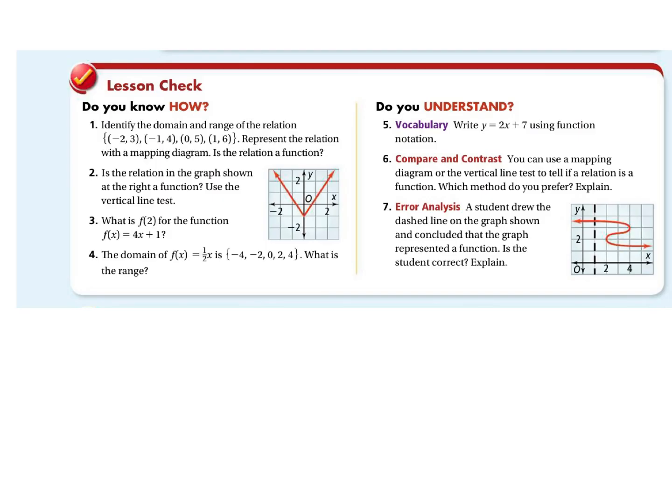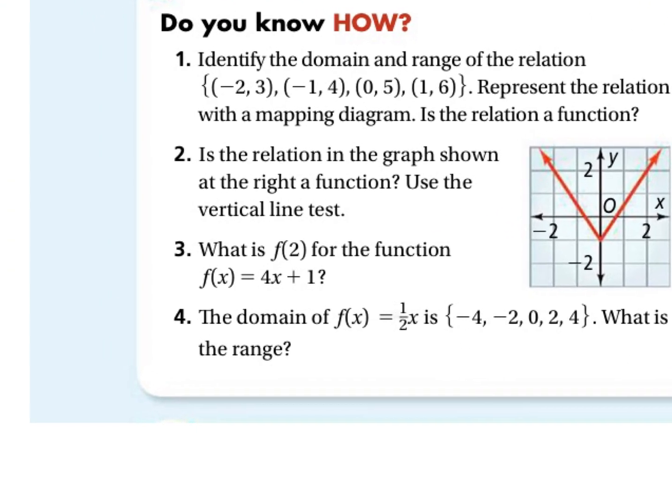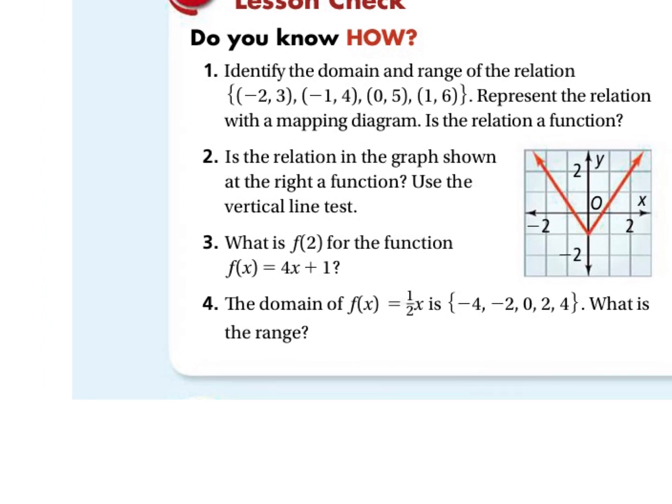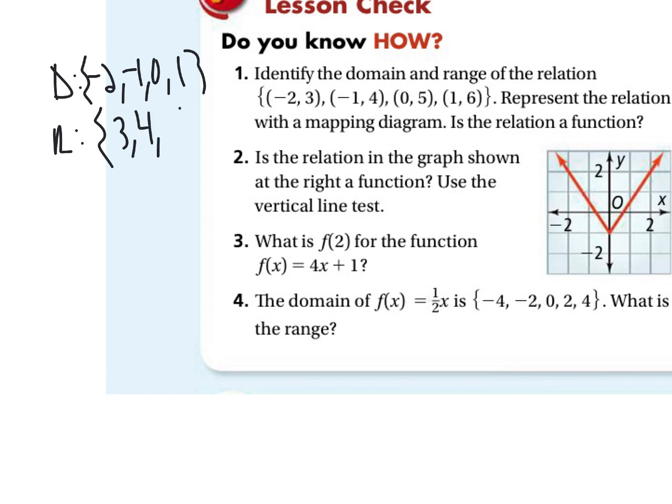Look at the lesson check number 1. Identify the domain and range. Represent with the mapping diagram, and is it a function? So we do that like we did earlier. Domain is just the x values, -2, -1, 0, and 1. And the range is 3, 4, 5, and 6.